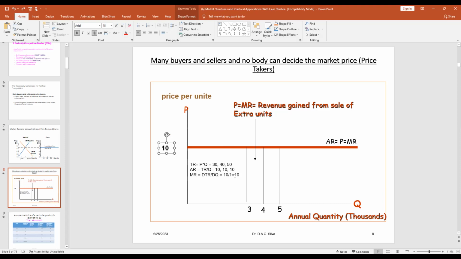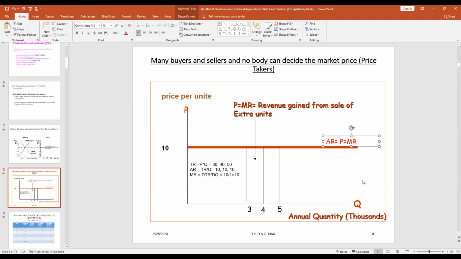Quantity goes 3, 4, 5, a change of 1 each time, so MR is 10. Therefore we have a conclusion, the most important one to keep in mind for your final examinations: in a perfectly competitive market, AR equals P equals MR.